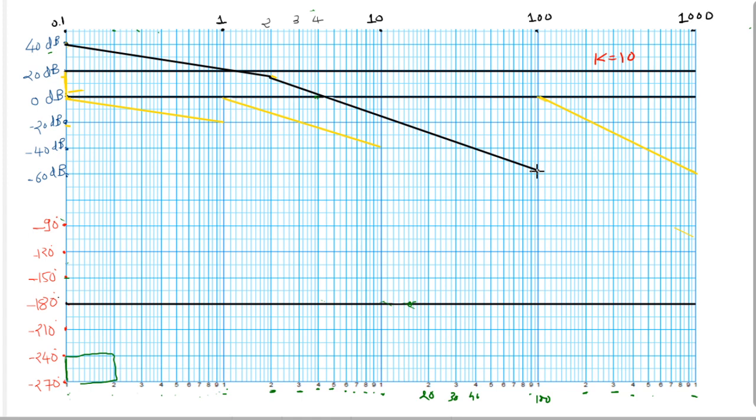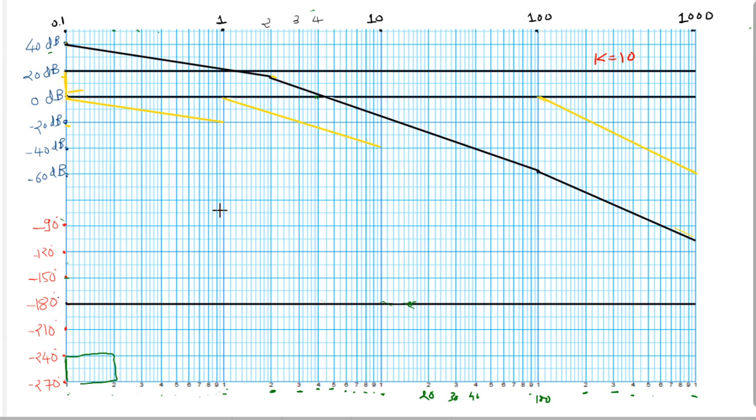Okay, that is your Bode plot for the given transfer function.